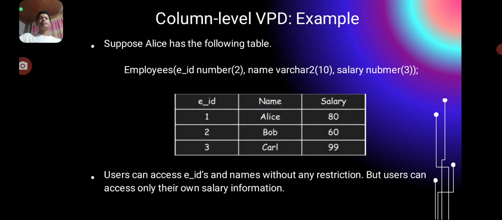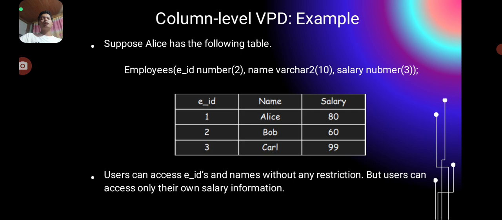So next, suppose Alice has the following table: employees, and its attributes. The attributes are EID, A_ID, name, and salary.